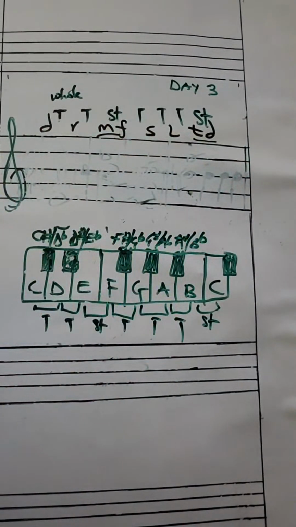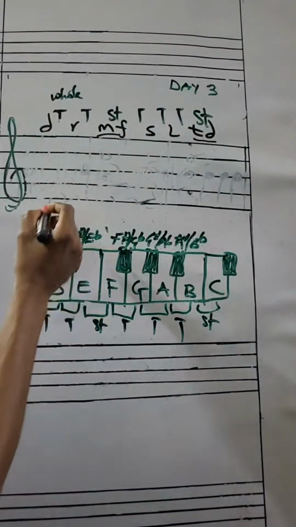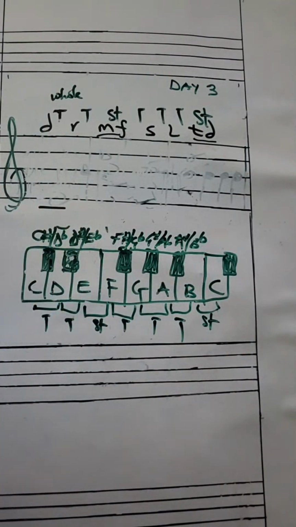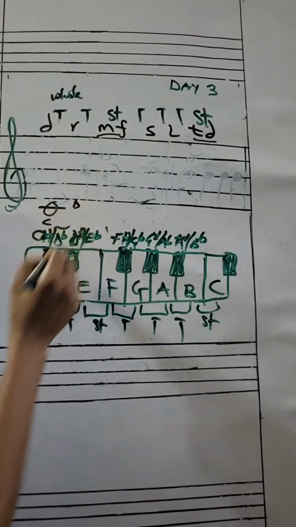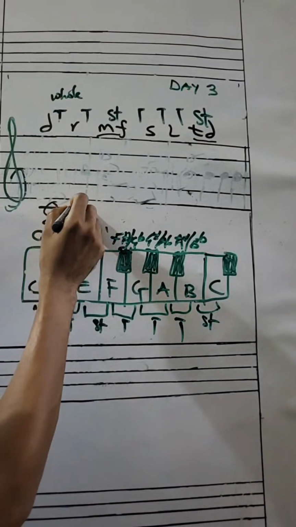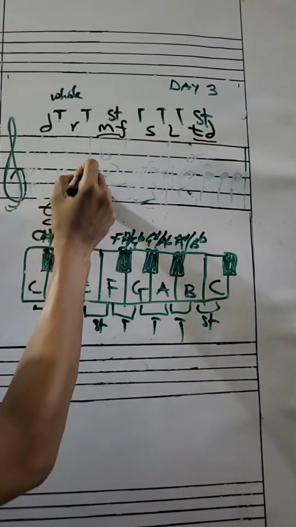Now, what do we have? We have our C here. I taught us the ledger line the first day of the class, and we said this is our C, middle C. So when you see this note, you should know that it's already C. So I have my C here. Then I have this D. Let's say this is a note.